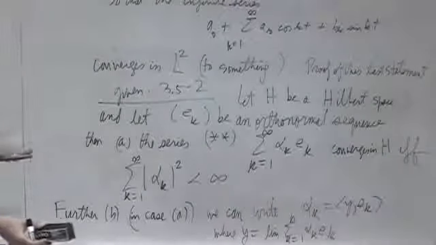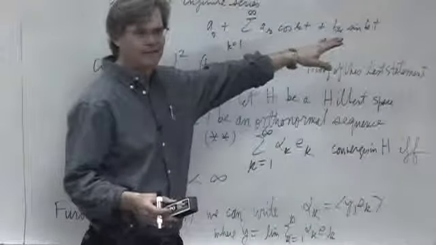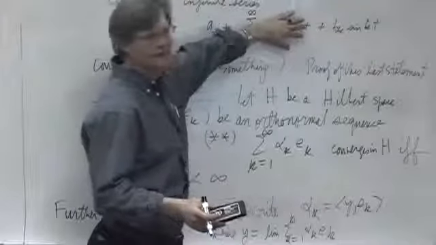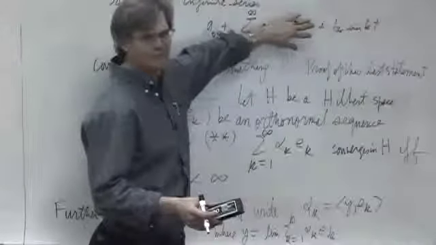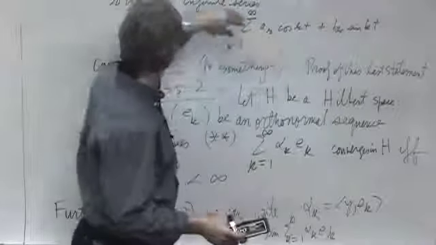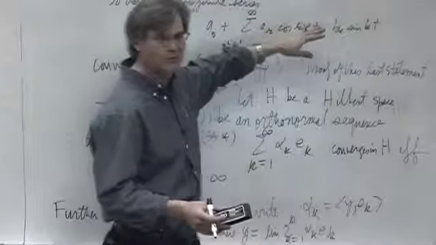So, for example, if you didn't have all of the trig functions, you just threw away the sines or threw away the cosines, you would still have a series. And as long as the sum of the squares of the coefficients was finite, you would still, in other words, just throw away some of the things.